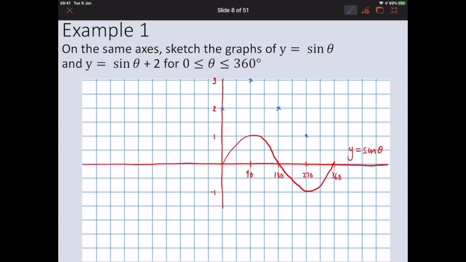And (360, 0) becomes (360, 2). So our new graph looks like this. There we are, y equals sine theta plus 2.